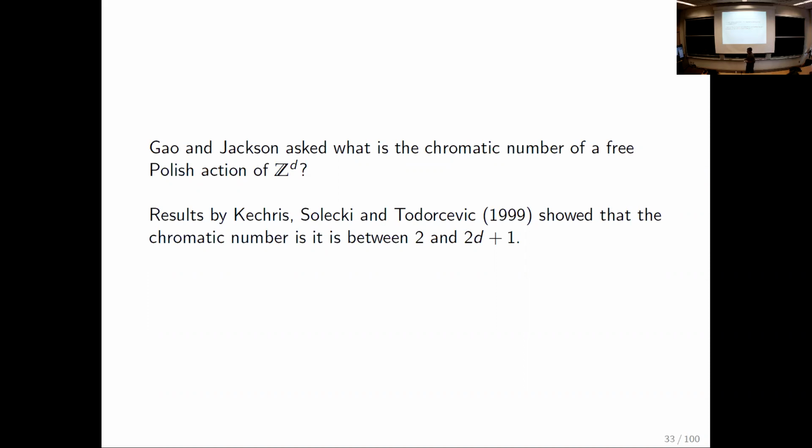This was essentially what kicked off the whole study of Borel combinatorics, where we try to study the chromatic number of certain Borel graphs.